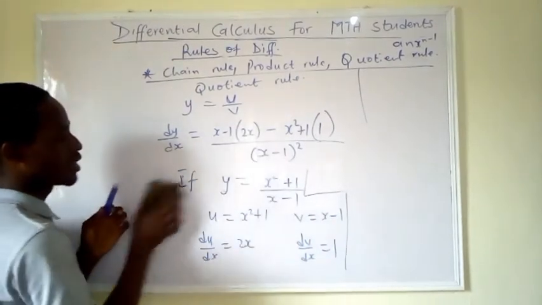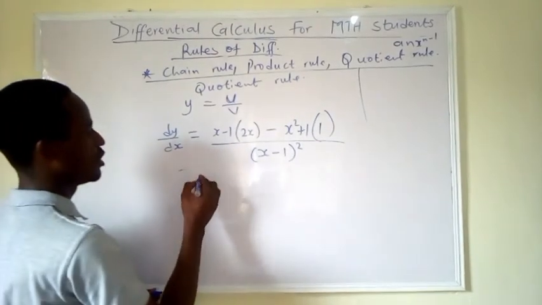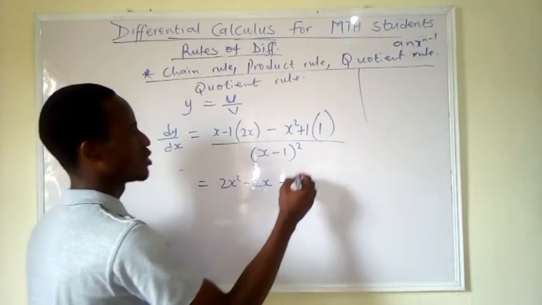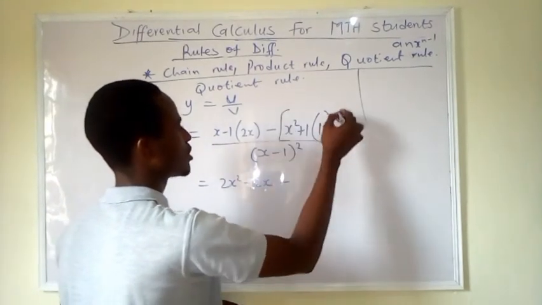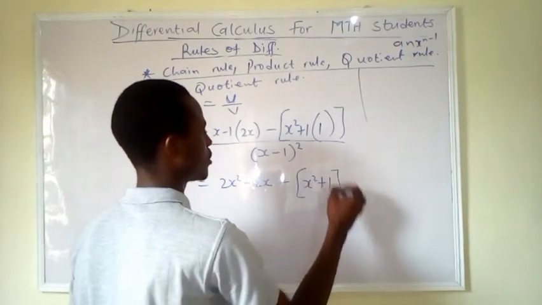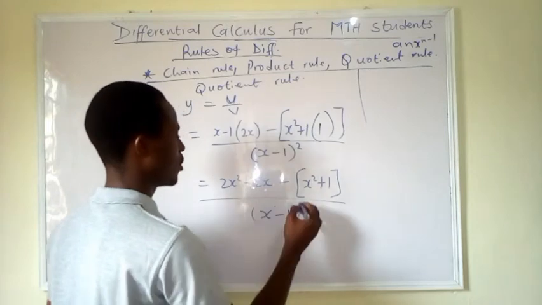So then I can simplify this expression to what I want. That will give me 2x squared minus 2x minus, and don't forget this should be in parentheses, so that will be minus (x squared plus 1) all over (x minus 1) all squared.